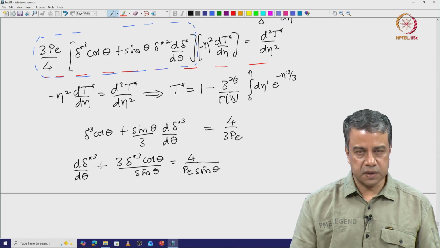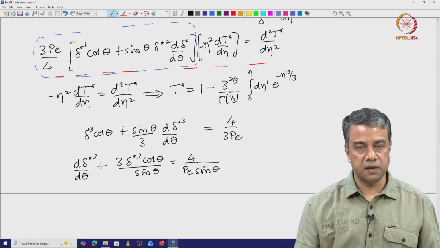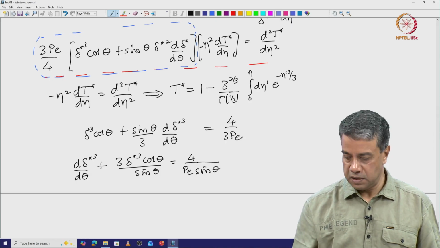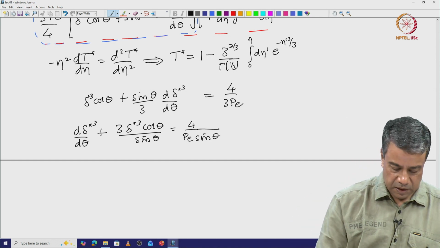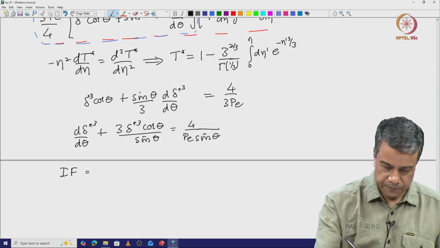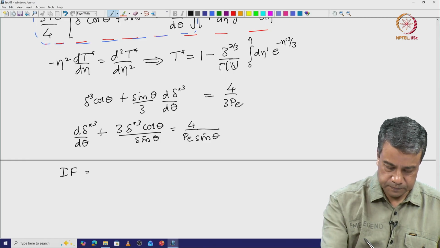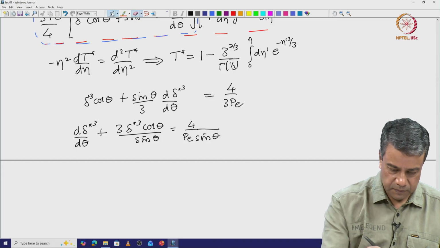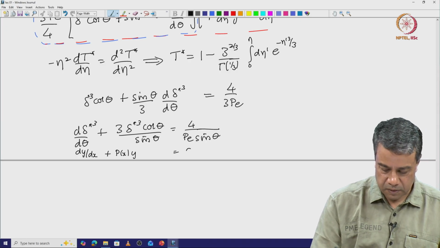Now, this is a first order linear inhomogeneous differential equation. Therefore, this can be integrated using an integrating factor. If I call this, it is of the form of the familiar form dy by dx plus p of x into y is equal to q of x.